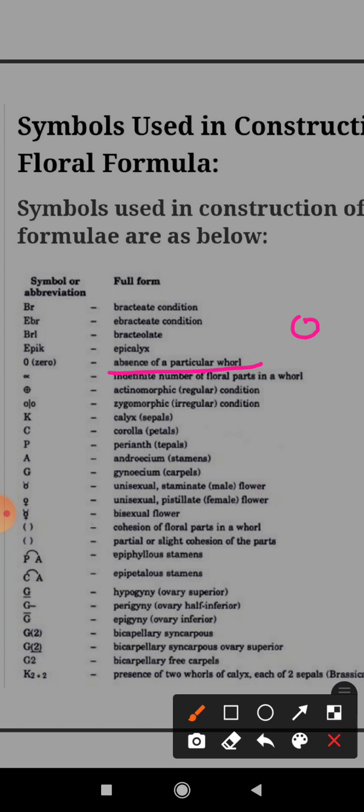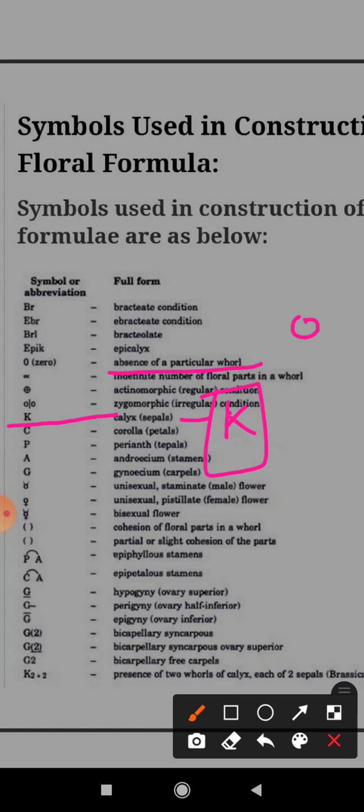For example, if we talk about calyx, it is represented by the alphabet K, right? Calyx starts with C, but it is represented by the symbol K, and calyx are the sepals.